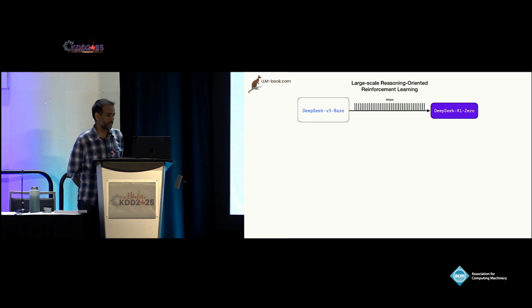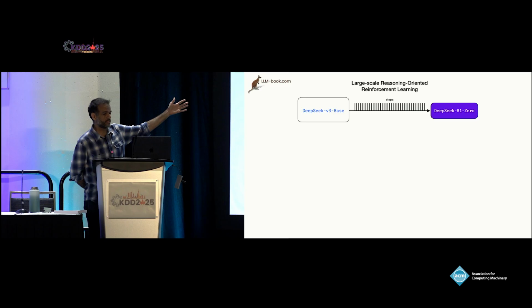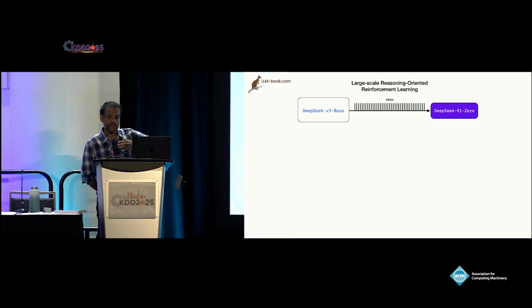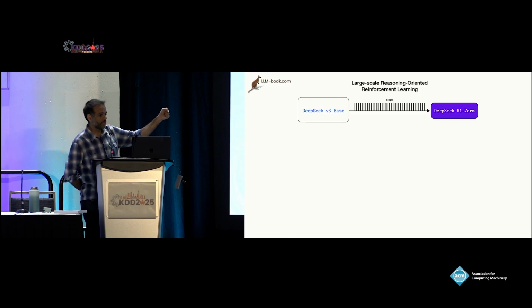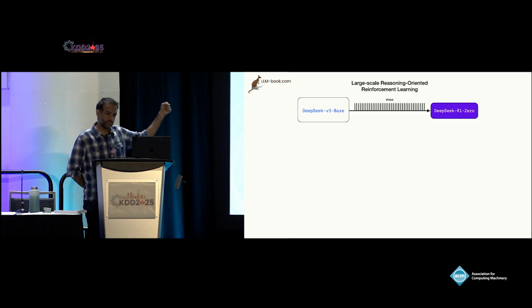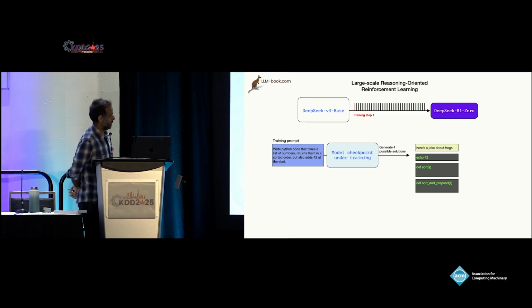That's the process to create R1-Zero, which is then used to generate the training data. They did not release R1-Zero because it wasn't doing well on non-reasoning problems. It's a good general model, but it was really good for these reasoning problems. And from that capability, it was possible to use it and the data that it generates to create a better model that does reasoning, but also does everything else that people expect from a model.